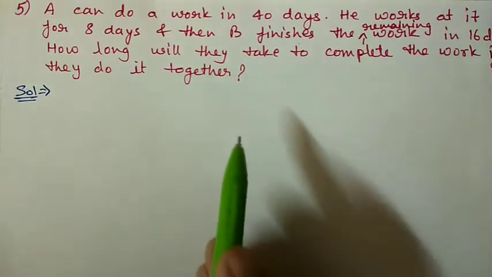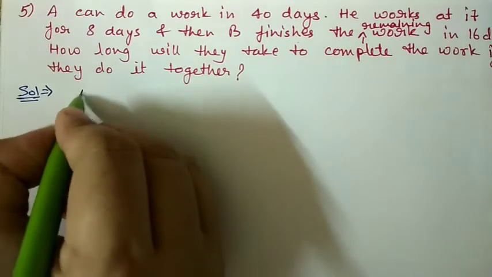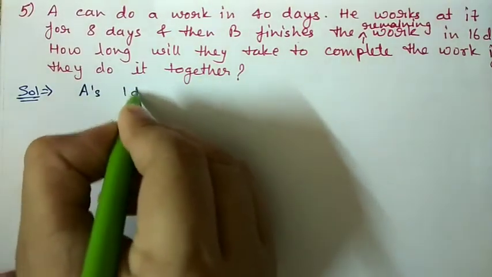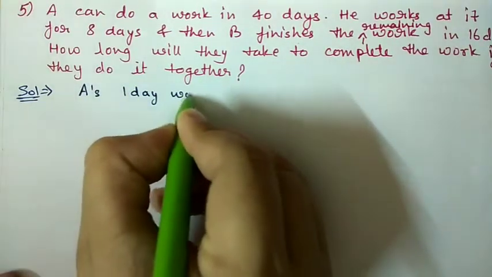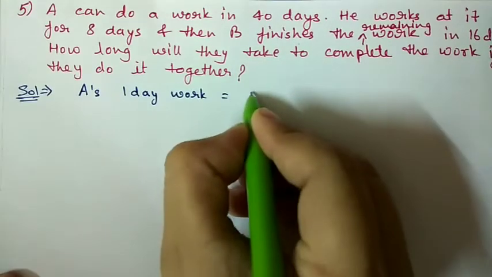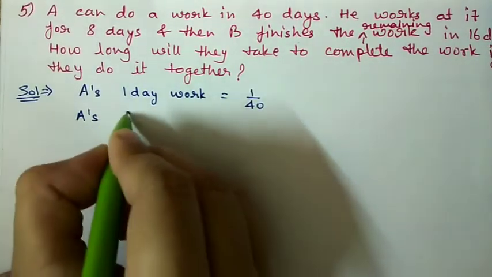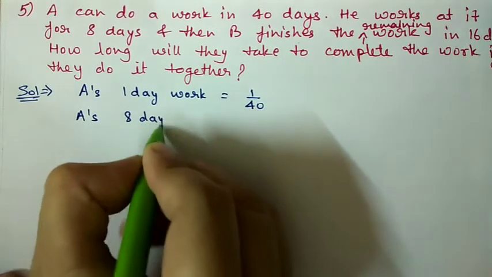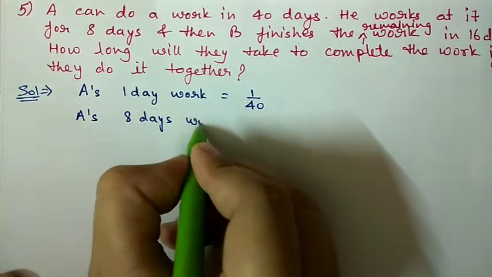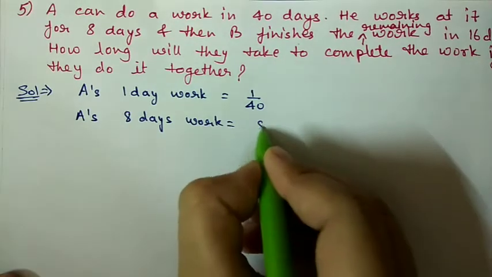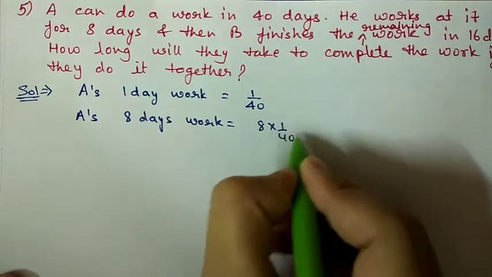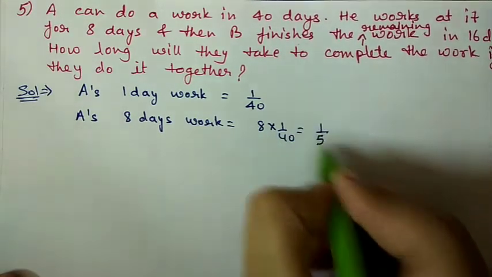together work. So A's 1 day work they have given is equal to 1 by 40. So he worked for 8 days. So his 8 days work will be 8 into 1 by 40. After cancellation we will get 1 by 5.